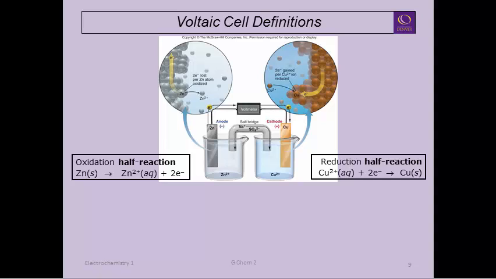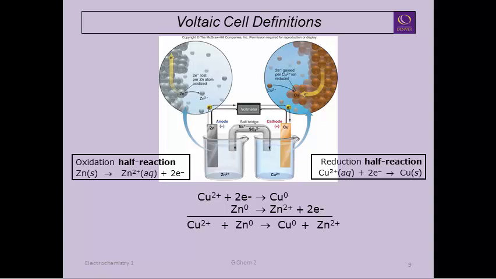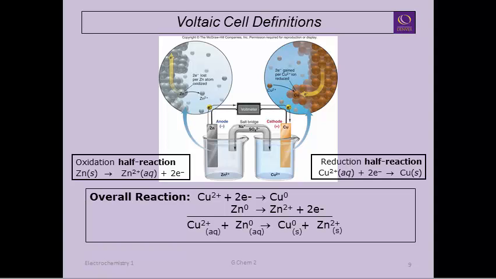But anyway, if you combine these half reactions together and you balance out the electrons so that there aren't more electrons created in oxidation than those consumed in reduction, then when you cancel like species, you get the overall reaction. That is the difference between a half reaction and an overall reaction.